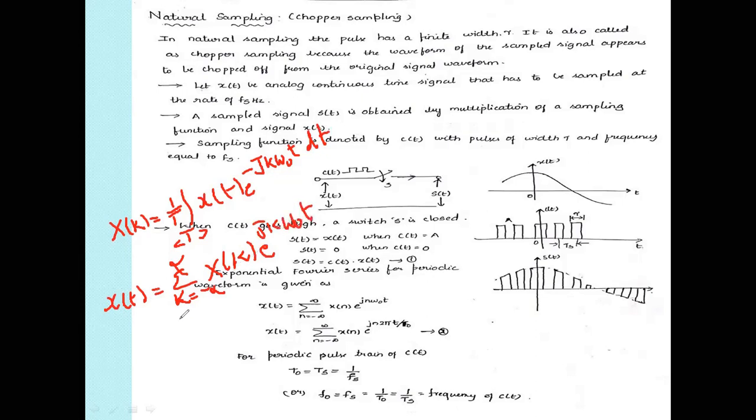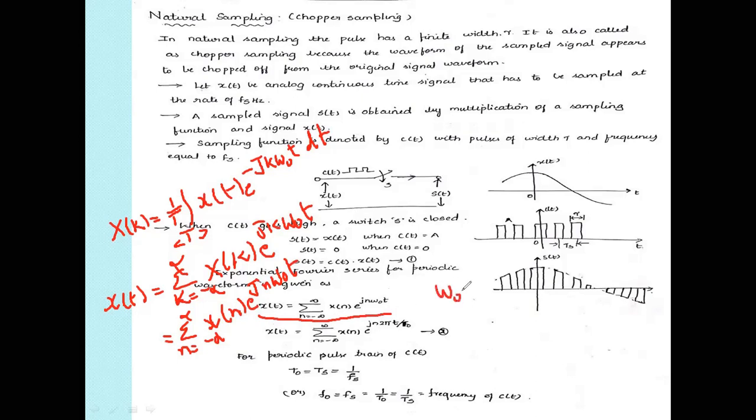Now here k is a variable, I will change it to n. Sum of n equal to minus infinity to infinity, x of n e power j n omega naught t. So x of t is equal to sum of n equal to minus infinity to infinity, x of n e power j n omega naught t.